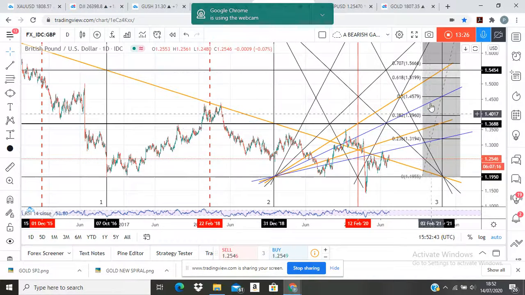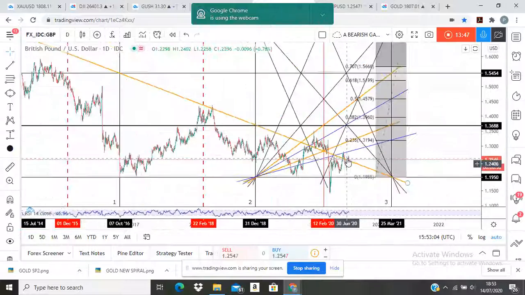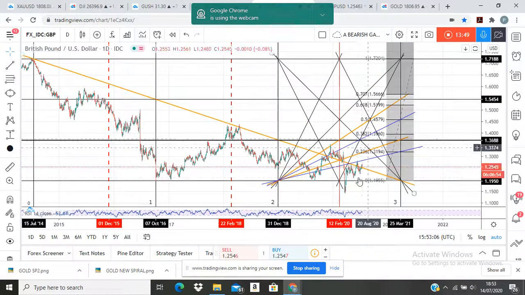We just find the thirds of the angle, then we draw our 1/3 angle, and then 1/6 angle, and then also we can use the fib ratio to find the other angles: 0.236, 0.382, then the major 0.618 angle. Also we can draw it, and we can trade swings in between the angles.